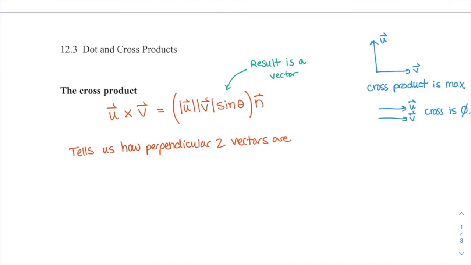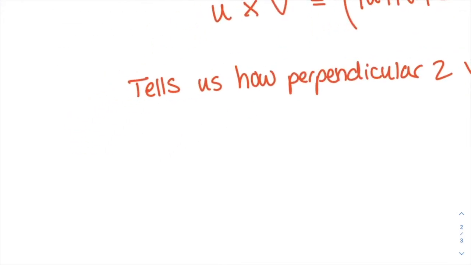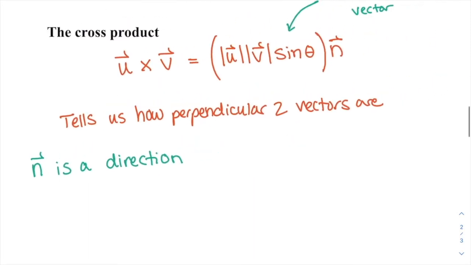So this vector is a direction normal to both u and v.